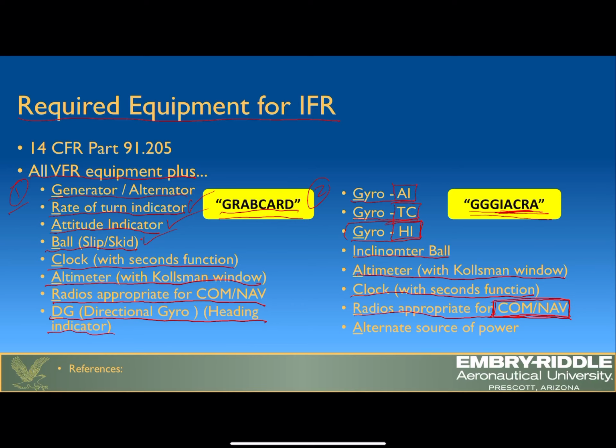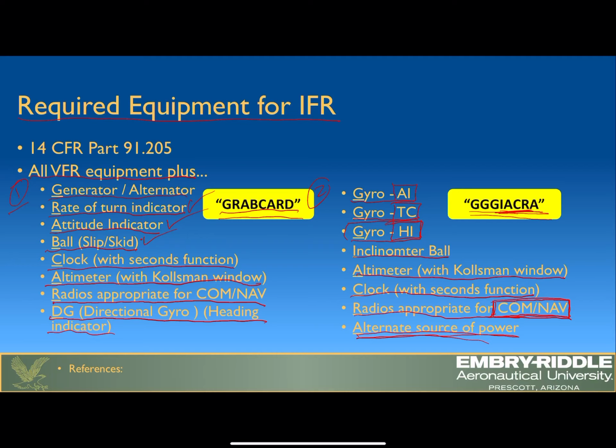And then navigation is what you would use to tune in to a VOR. So radio appropriate for comm and nav, as well as an alternate source of power. That's what that A stands for. Okay, so that is required equipment for IFR flight.